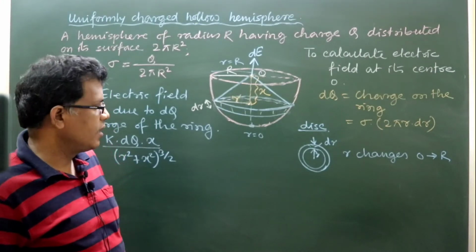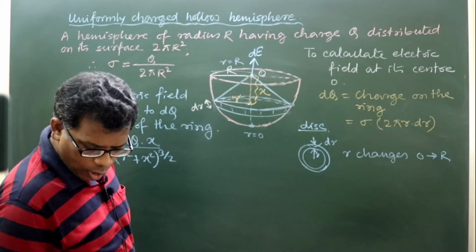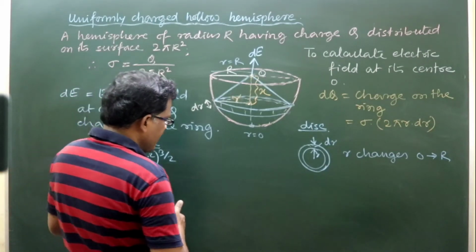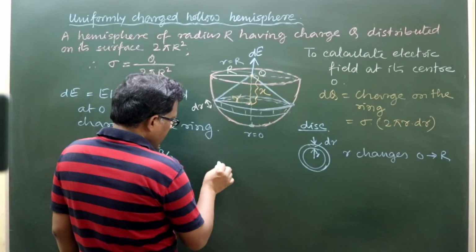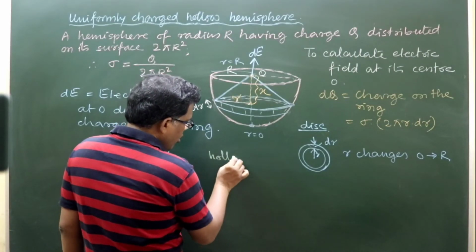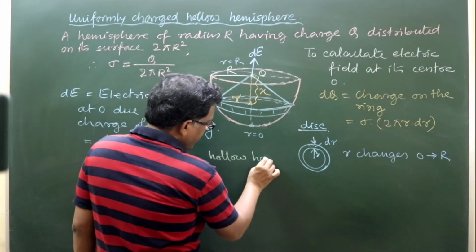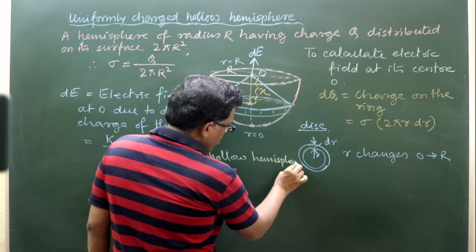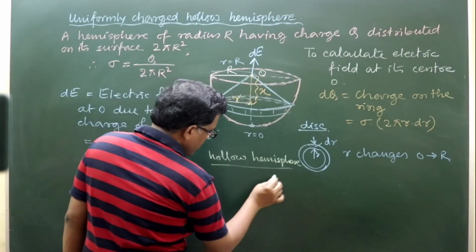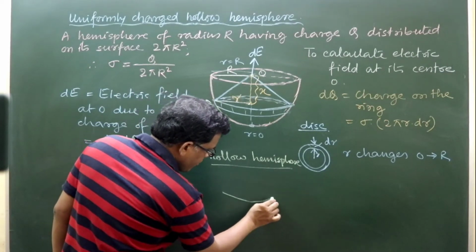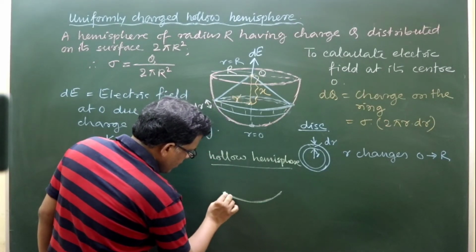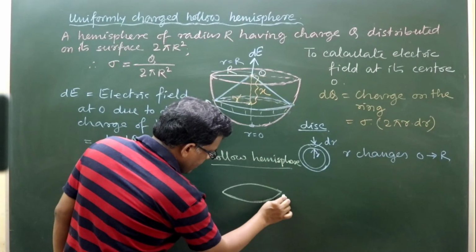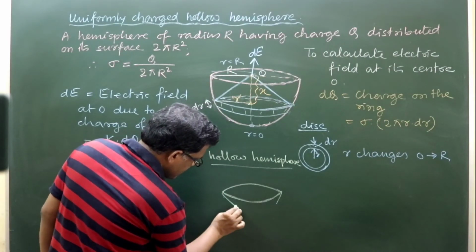Could you follow this? But in the case of the hollow hemisphere, the geometry is a little different. There, the position of a ring is something like this.